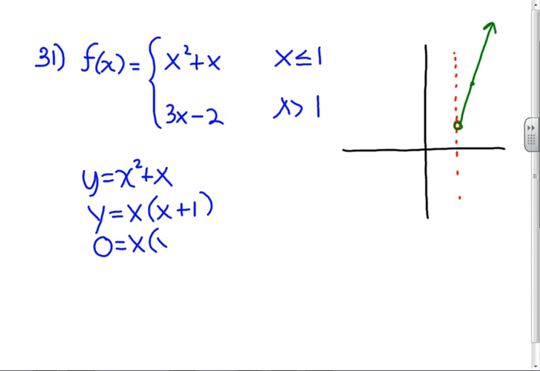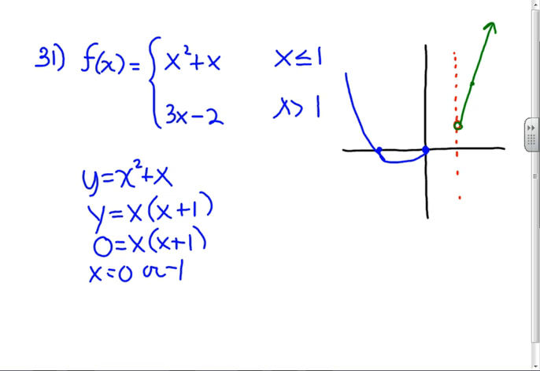When x is 0 or negative 1. It goes through 0 and it goes through -1, so it's a parabola. I don't really care exactly what it looks like. I just know it does this.